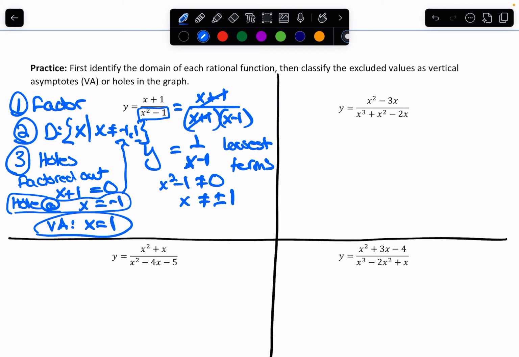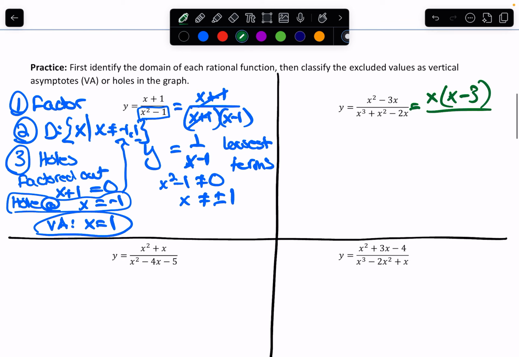Okay, let's try another example. Again, we need to factor this first. We can take out the greatest common factor on the numerator. So when we take out x, we've got x minus 3 left. Now, factoring out an x from the denominator as well, we get x times x squared plus x minus 2.